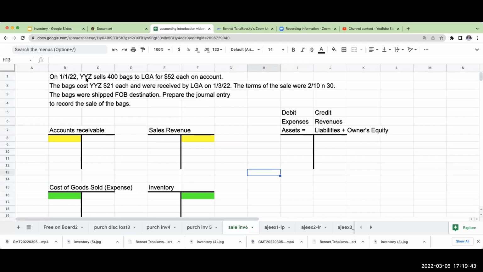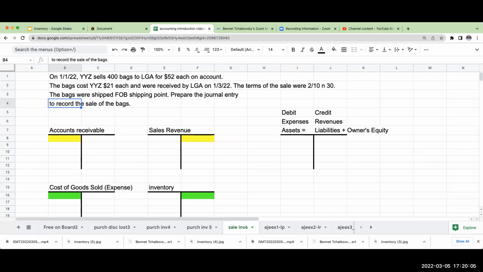On January 1st, I sold 400 bags for $52 each on account. The bags cost YYZ $21 each and were received by LGA on 1/3/22. The terms of the sale were 2/10, net 30. I'm going to change this real quick to FOB shipping point.